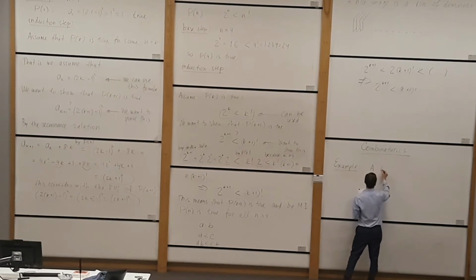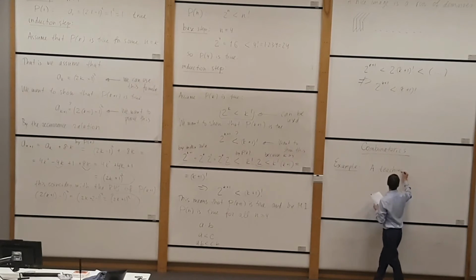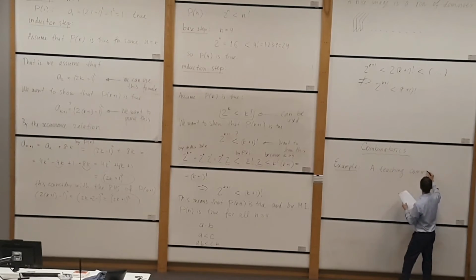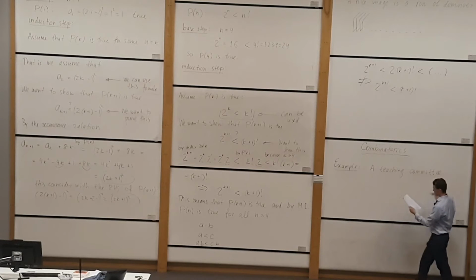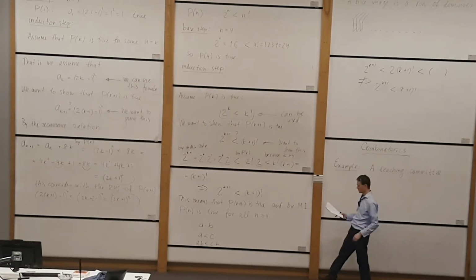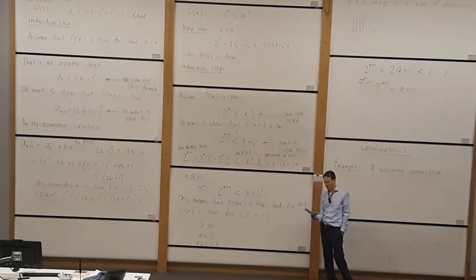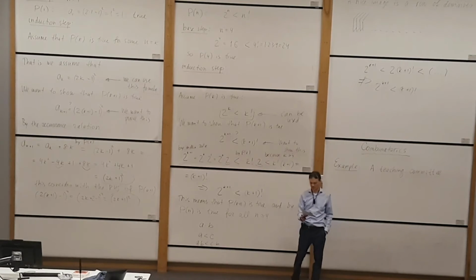A teaching committee requires one student representative from either the first or the second or the third year. And there are 500 first-year students, 300 second-year, 100 third-year students.